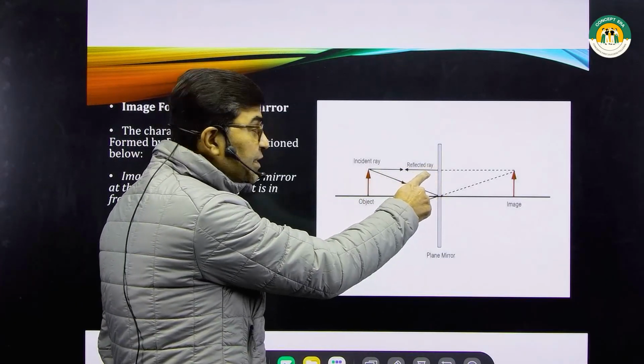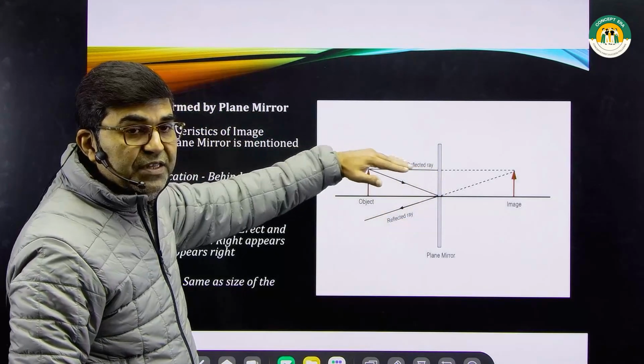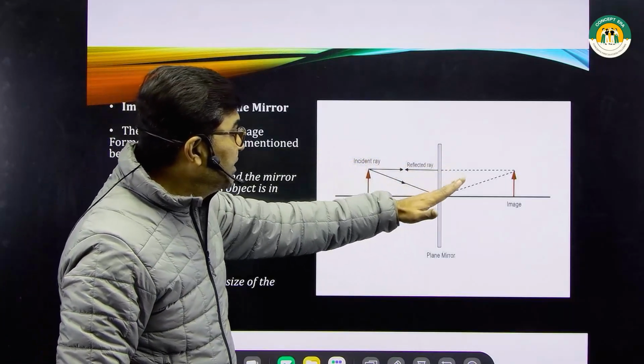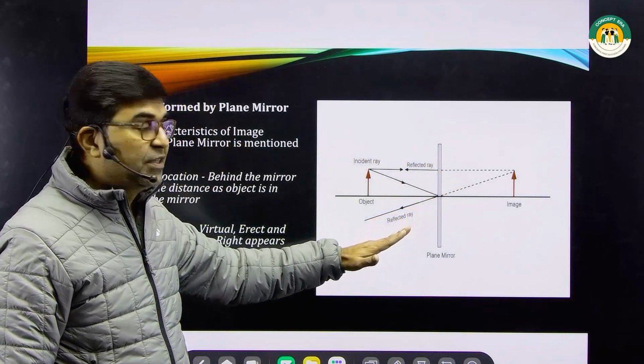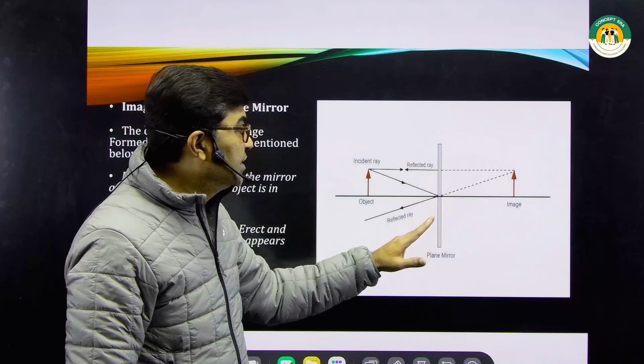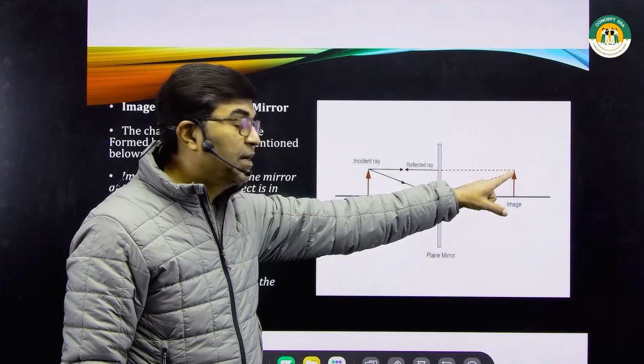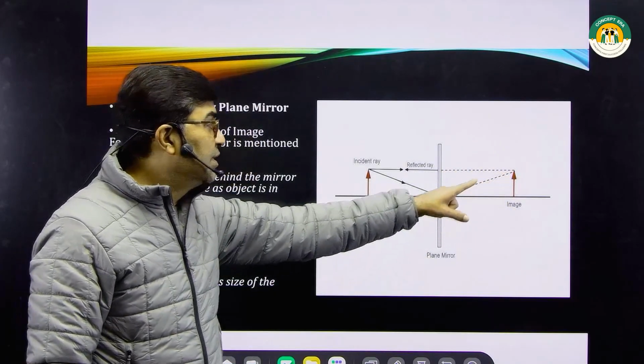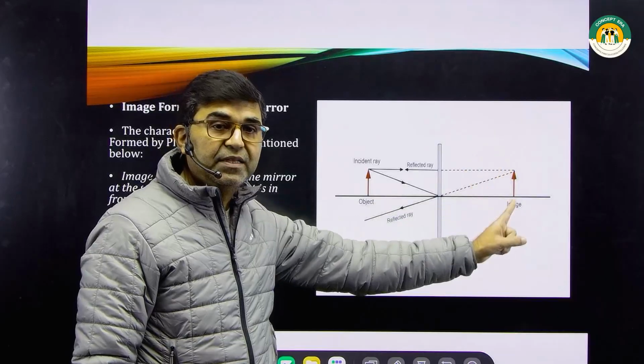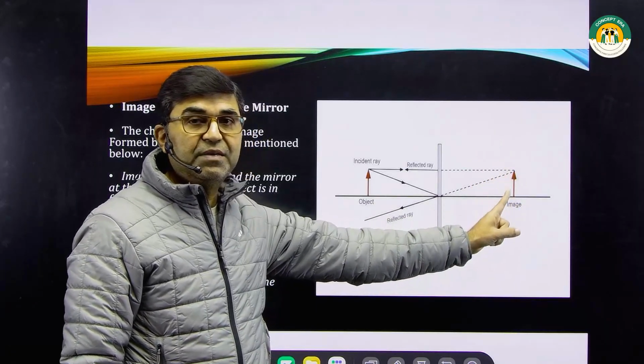The first ray will be reflected back. It will retrace its own path, and the second ray will follow the normal laws of reflection. When we produce both the rays behind the mirror, they appear to come from the same point behind the mirror, and this is where the virtual and erect image is formed.